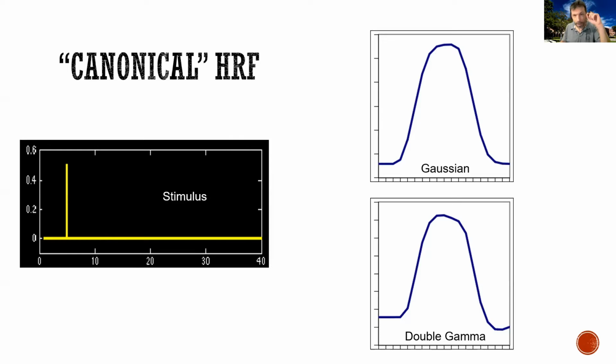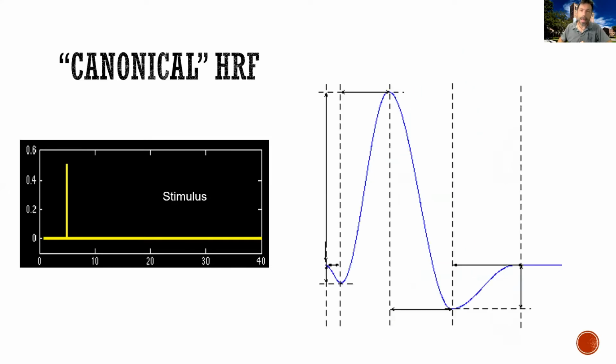And see, the key intuition behind the canonical hemodynamic response function is that whichever exact function, whichever exact shape you pick, the idea behind it is that most of the aspects of this shape are fixed. For example, the time it takes from baseline to initial dip is fixed.